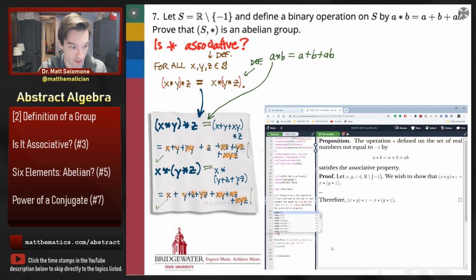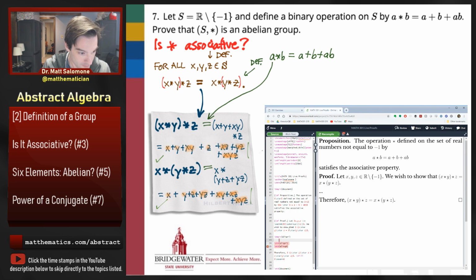So here's what that ends up looking like. I'm going to put that expression, x star y star z, on my first line that I'm about to start working with.